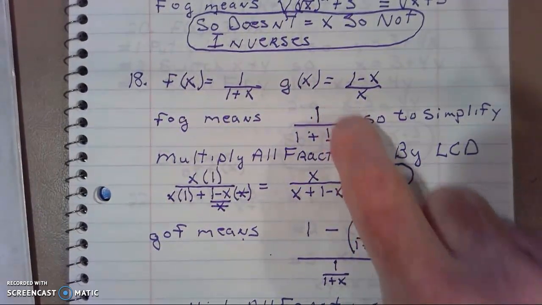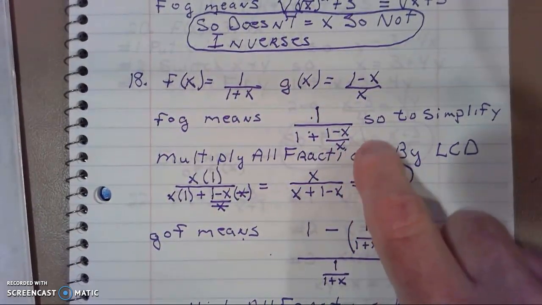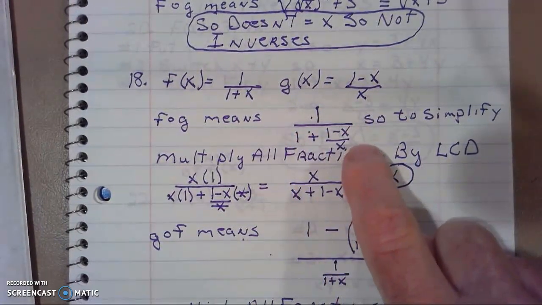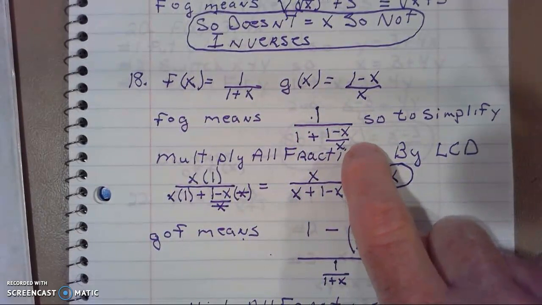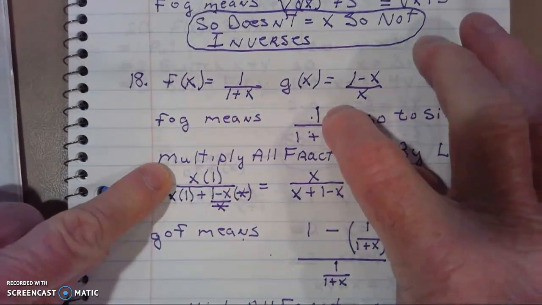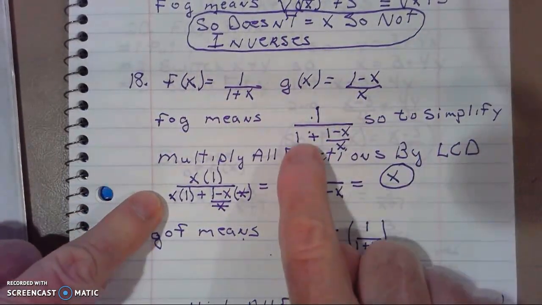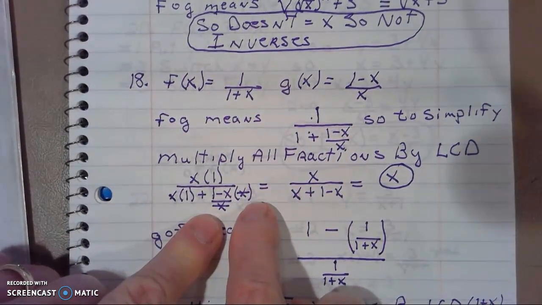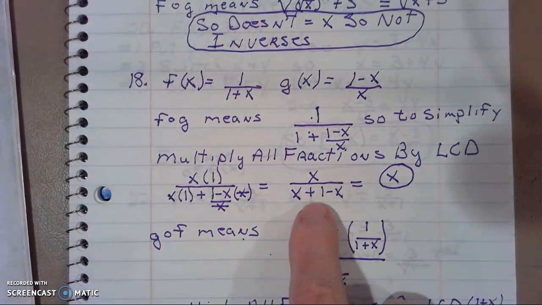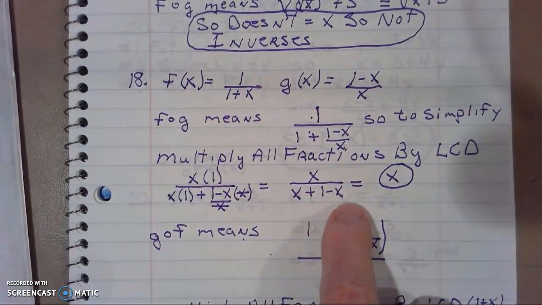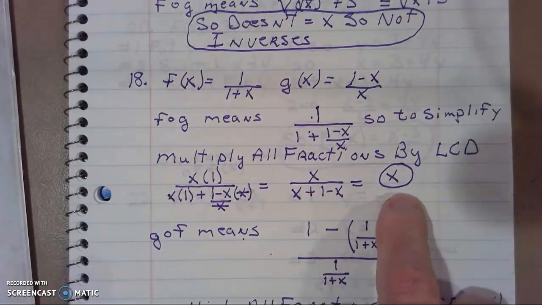Then I have a complex fraction, and what you can do on a complex fraction, where you have fractions within the fraction, is multiply every part of it, every fraction, by the common denominator, which is x. So I take x times 1, I take x times this 1, I take x times 1 minus x over x. And that simplifies to x over x plus 1 minus x, which is x.